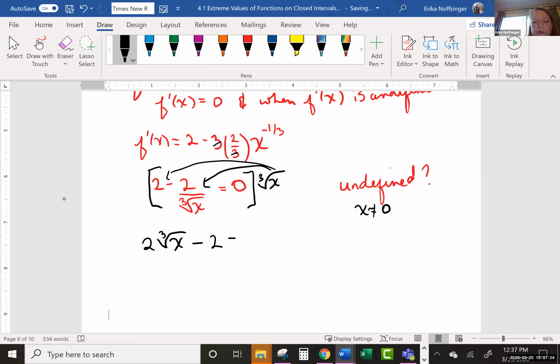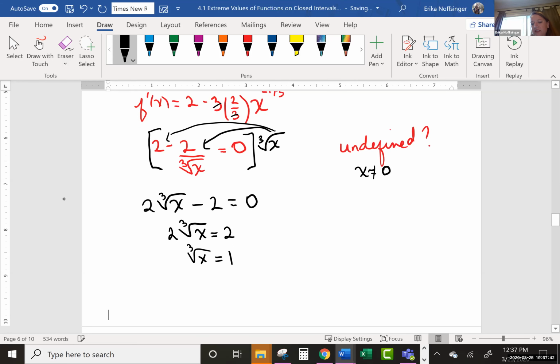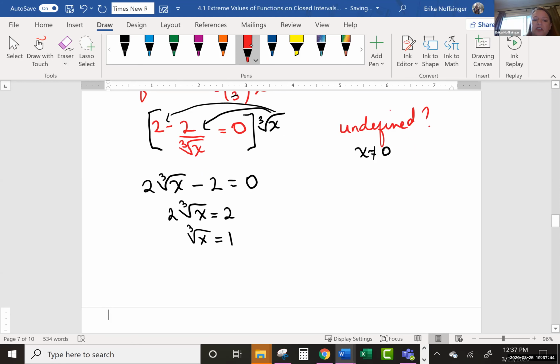So minus 2 equals 0, since 0 times anything is 0. I add 2 to both sides and then divide by 2. So I have 2 cubed root of x equals 2, so the cubed root of x is equal to 1. We can get rid of the cubed root by cubing both sides of our equation. I was just doing this in Math 52 like an hour ago. We get x is equal to 1 cubed, which is 1.